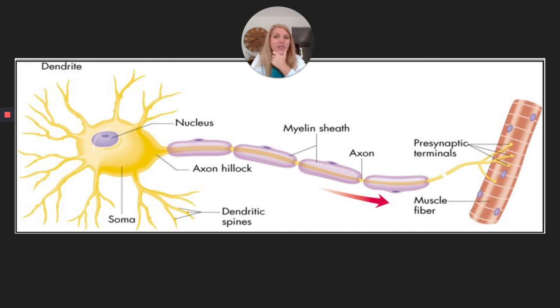I typically refer to these as the axon terminal, but oh, I know what the other one was. Sometimes they're also called terminal buttons. Regardless, we're talking about the same part of the neuron. And this is where my message is going to end, and it's going to exit out of my neuron.